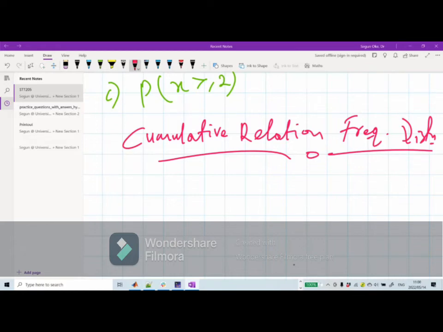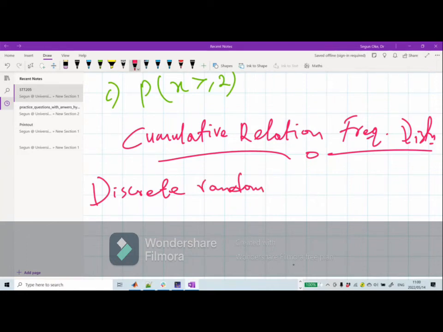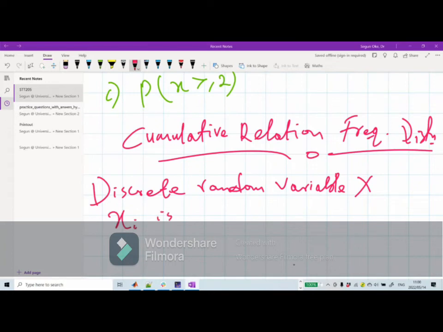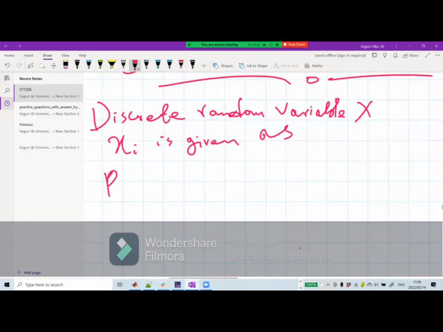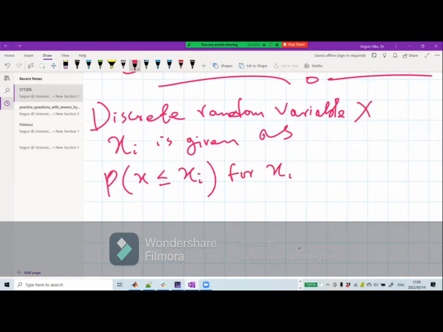For a discrete random variable X, the cumulative relative frequency of xi is given as the probability of X less than or equal to xi, for xi equals 0, 1, 2, up to n.